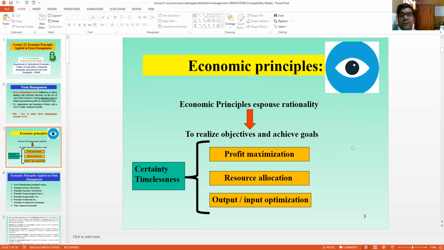A farmer cannot cultivate a particular crop just because the price of that crop was higher in the previous year. For example, farmers in Karnataka and Tamil Nadu were increasing the area under turmeric.